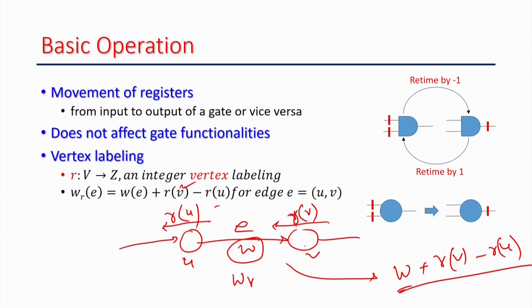We are going to consider a variable R V for each node V, which defines the number of registers moved from the output side to the input side of that node. And if we know the R values of all nodes, then I can recalculate the edge weight after retiming.